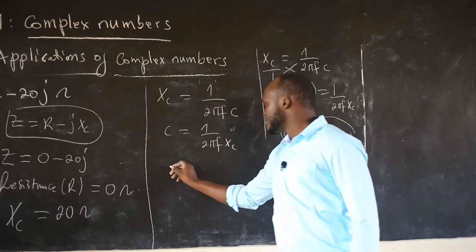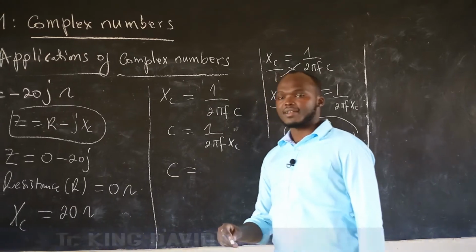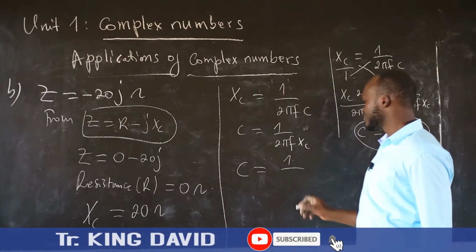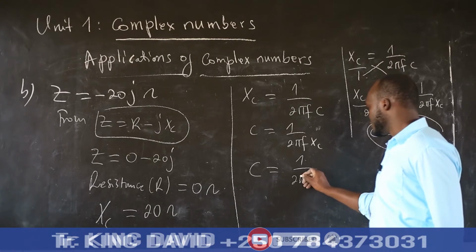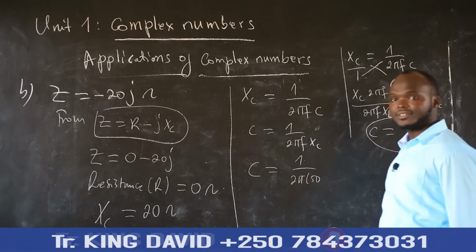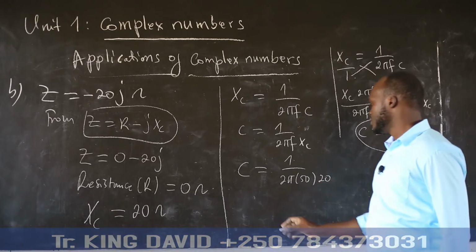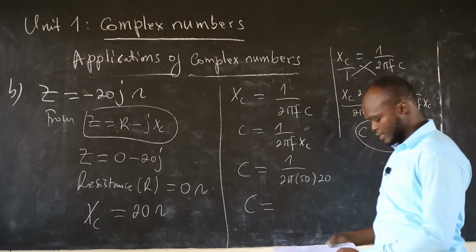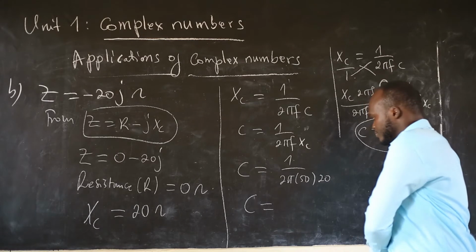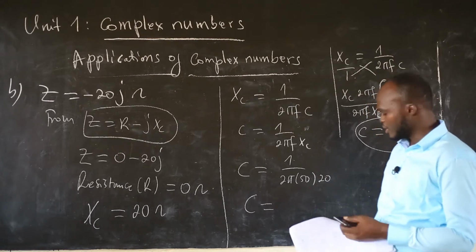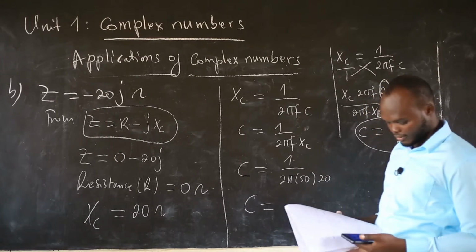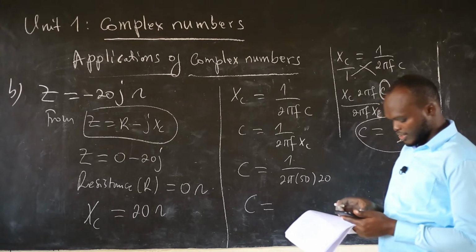So now our capacitance will be equal to 1 over 2 pi, frequency is 50, times XC, which is 20. So now C equals, the answer will be, we use the calculator.